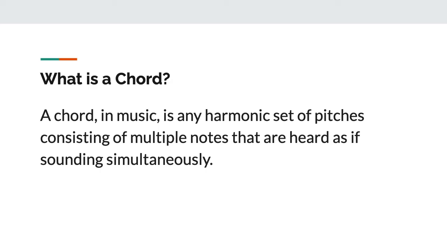Instead of playing one note individually like this, which we'll call an arpeggio, that's an arpeggio. It's playing one note at a time. A chord is playing everything at the same time. Okay, so that's a chord.